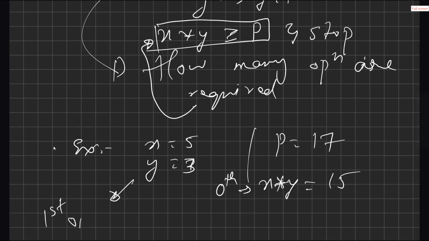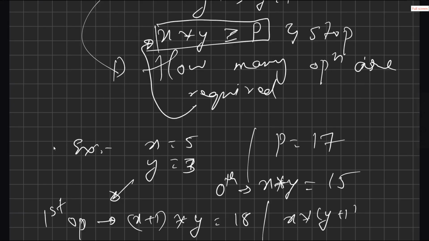In the first operation, if I increase x by 1, it's going to be 6 into 3, which is 18. If I do the other way around, it's going to be 5 into 4, which is 20.